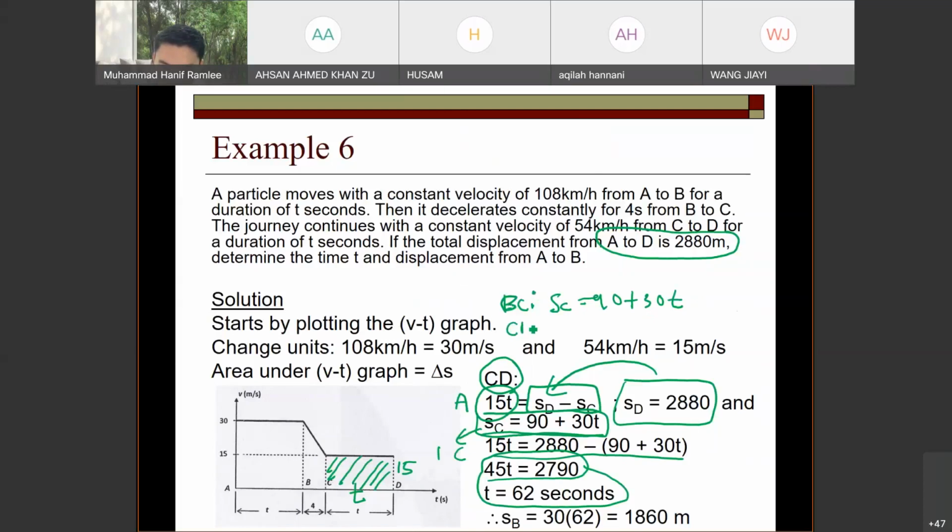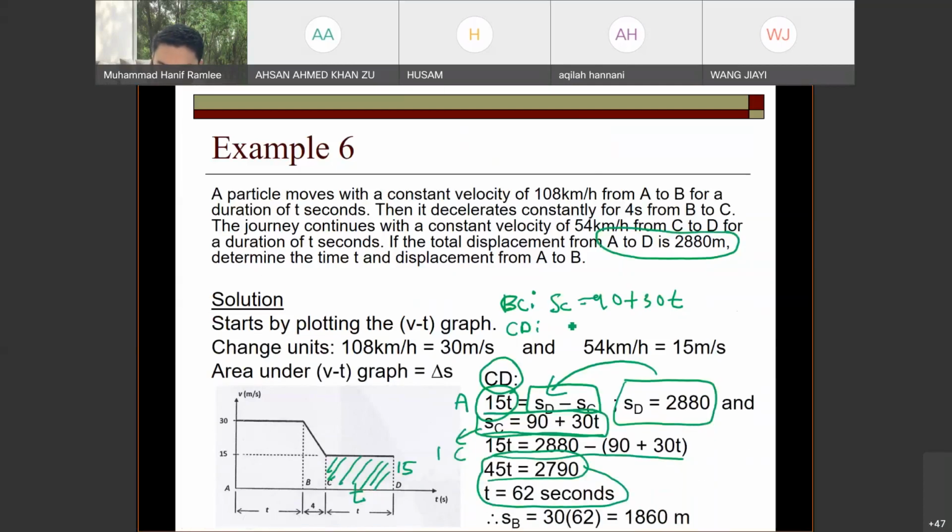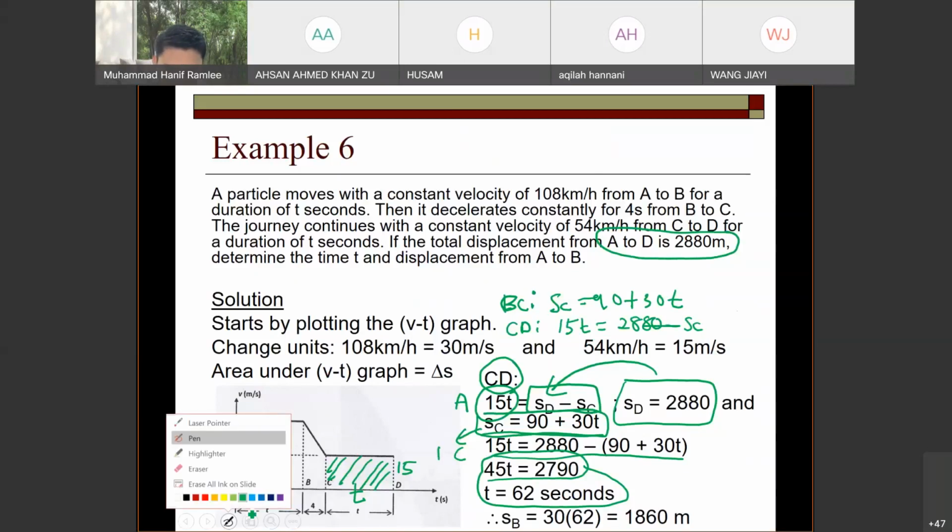And CD is SC, we do have 15T, SD 2880 minus SC.